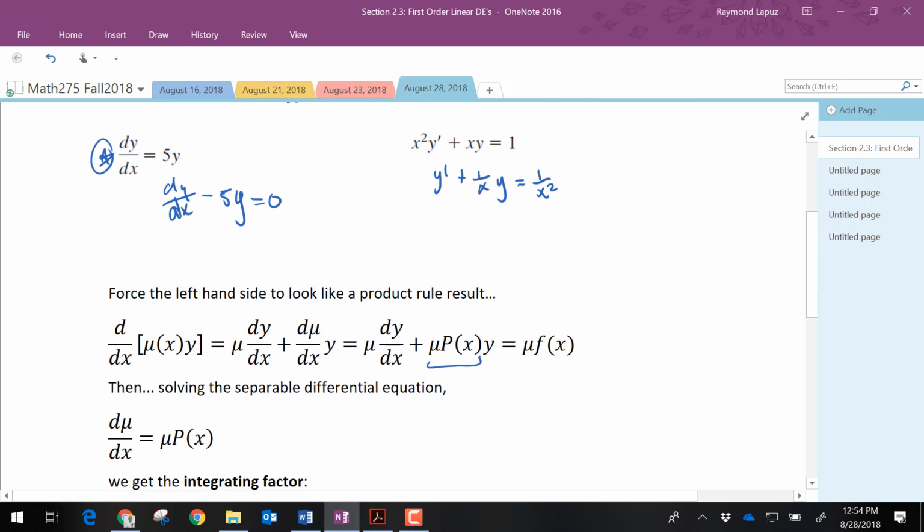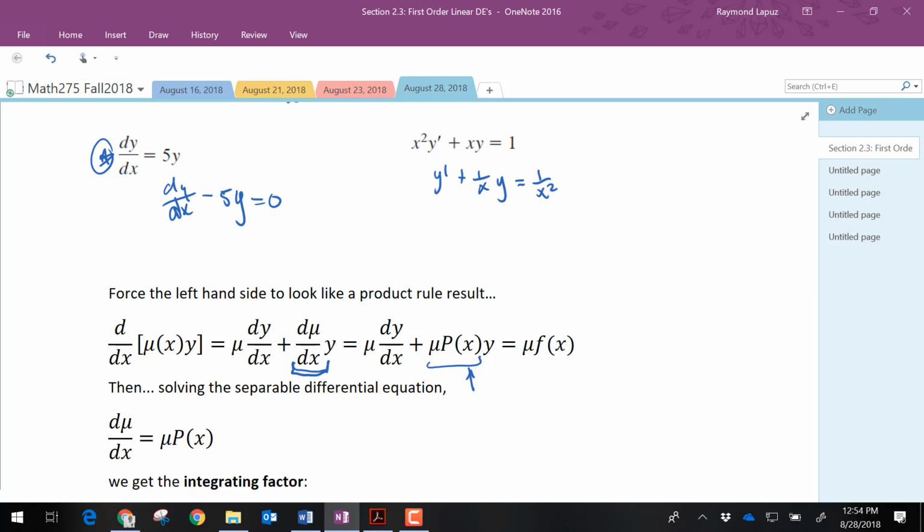And so if we solve for mu, because that's what we're doing, we're kind of setting this up to find mu, we're going to get in this expression that needs to be the derivative of mu with respect to x.